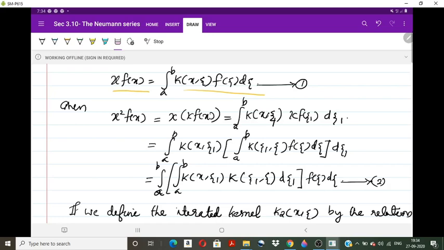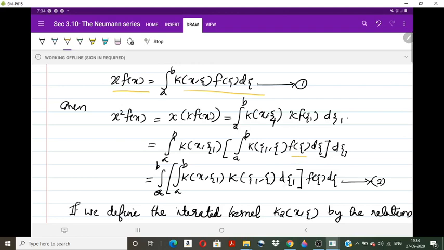Now again rearranging the order of integration, we take the kernel functions together. Then we have integral a to b. First we find the integral with respect to d theta 1. With respect to d theta 1, f of theta can be considered as a constant.